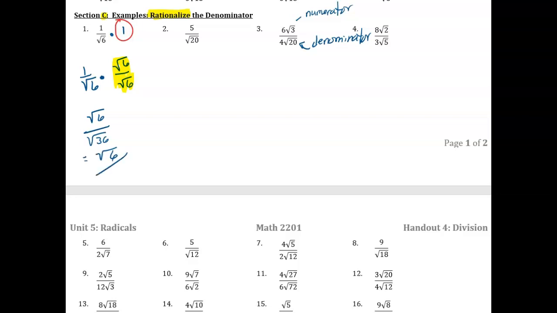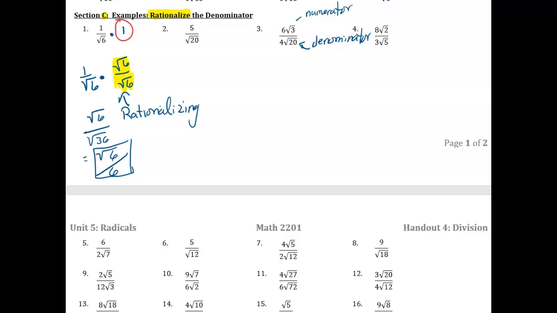Square root 36 is 6, so it's square root 6 over 6. That's your answer. This step is called rationalizing, because now the numerator is a rational number, and we talk about that in class rather than getting into a whole discussion here about rational numbers.